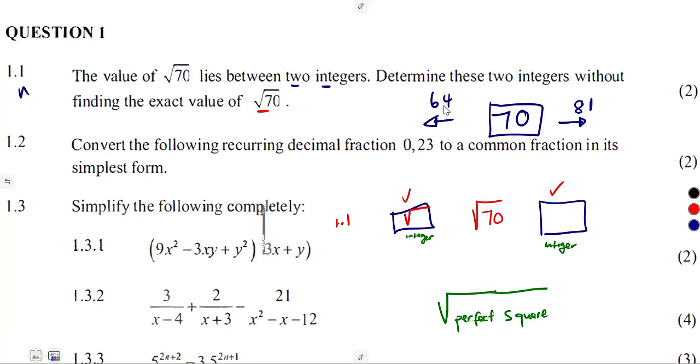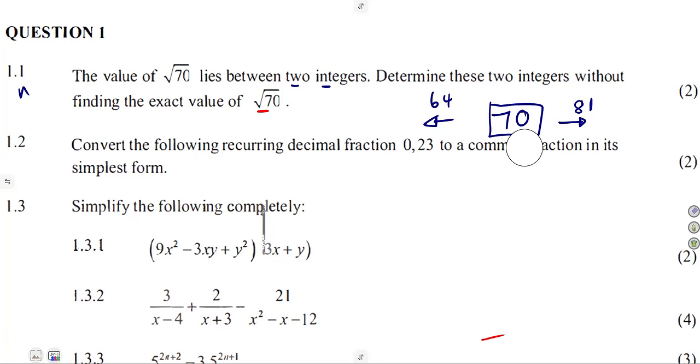It is the square root of 64, which surrounds 70, and the square root of 81. So you work with the perfect squares. That is how you can answer this question without looking into the calculator. But even if you just use the calculator, just like I illustrated before, guys, no one is going to know. So that was it for 2 marks.